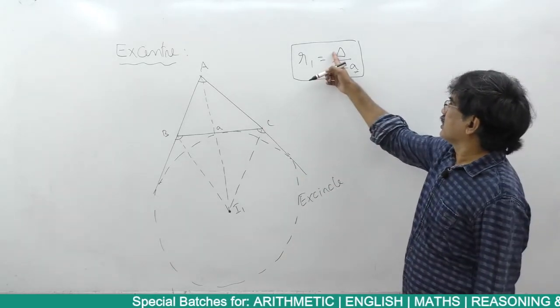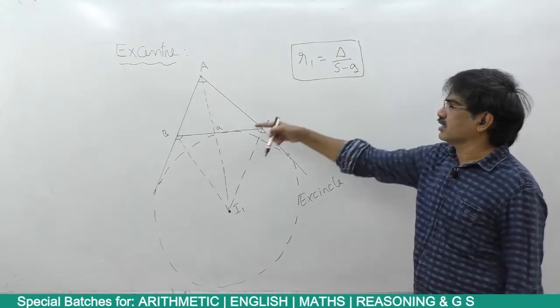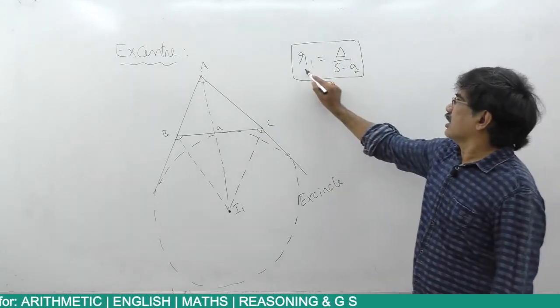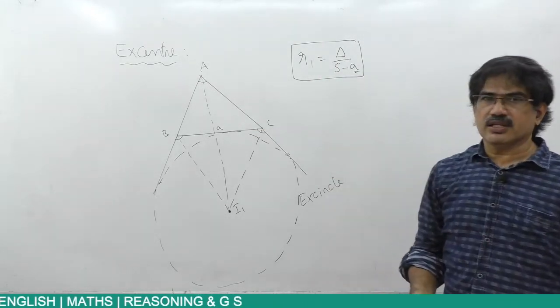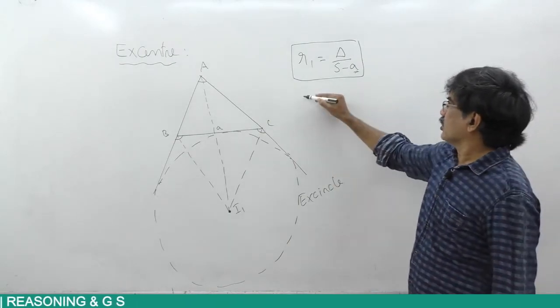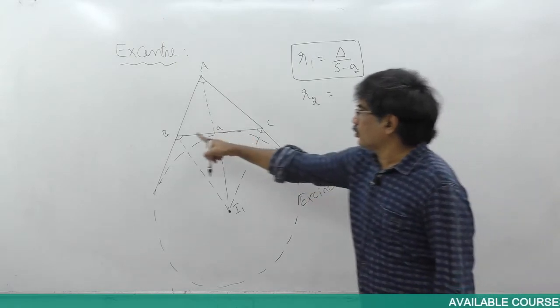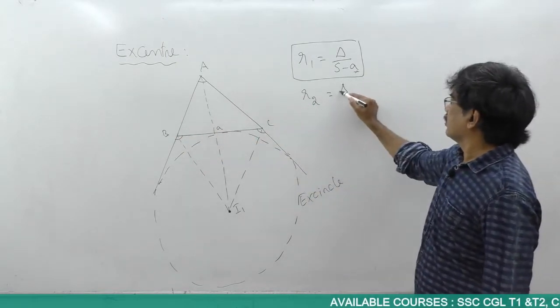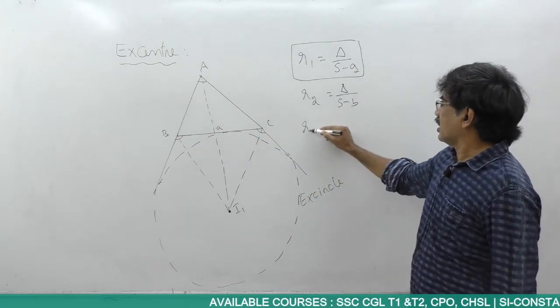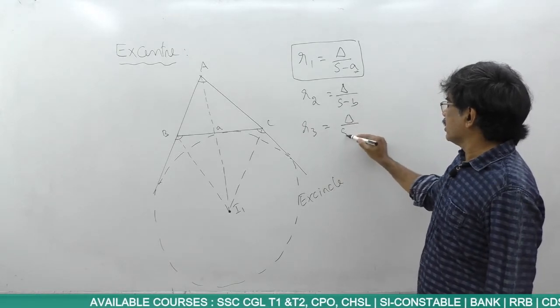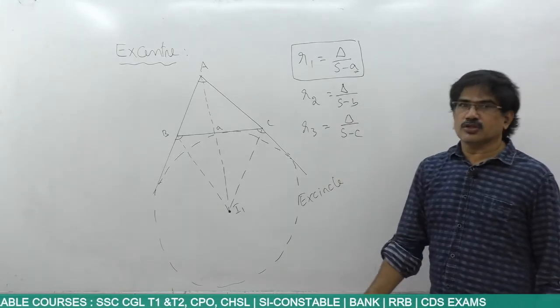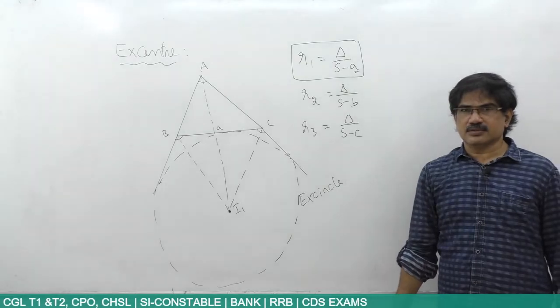If you know the area, semi-perimeter and small a, then r1 is equal to delta by s minus a. Similarly, what is r2? The exradius opposite to vertex B is delta by s minus b. r3 is equal to delta by s minus c. So this is about the excenter.